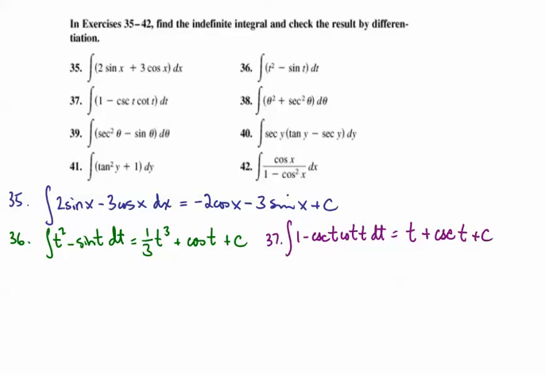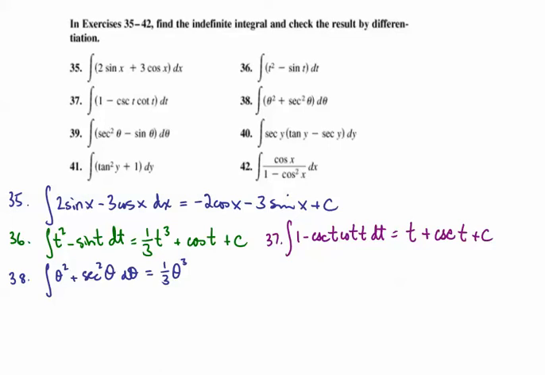All right, going on to number 38. So we have the integral of theta squared plus secant squared of theta d theta. When theta is our variable, the antiderivative of theta squared is theta to the third over 3, or 1/3 theta to the third.